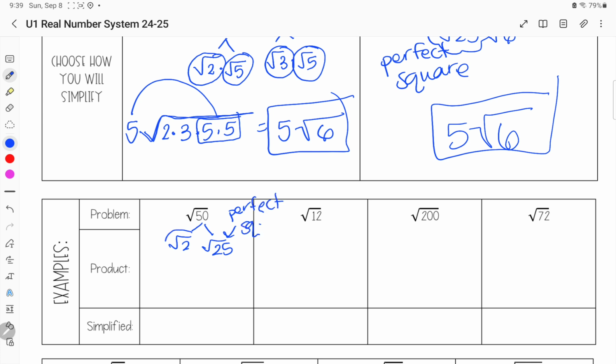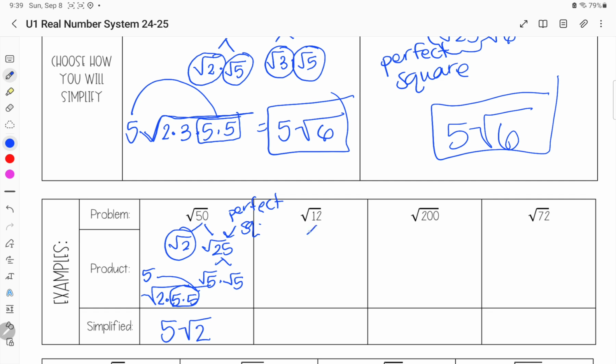But to just show you, 2 doesn't break down, and 25 will break down to 5 times 5. So when we write this, underneath our radical, we'd have 2 times 5 times 5. I'm looking for pairs. Here's a pair. They can leave. So they're going to go in the car, leaving you with 5 root 2. And if you look, 25 was a perfect square, so that would have simplified to 5, leaving us just with that 2.